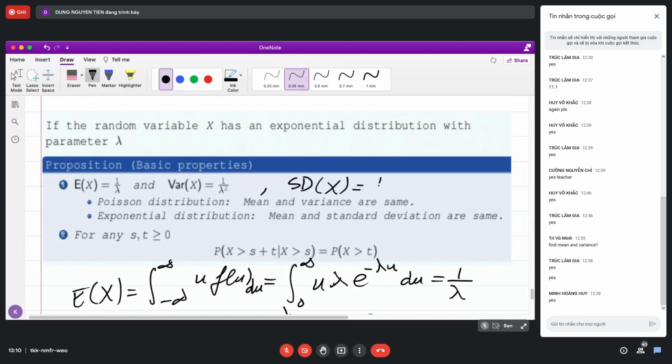It should be 1 over lambda. Okay, so you see that for a Poisson distribution, the mean and the variance are the same, right? In an exponential distribution, the mean and the standard deviation are the same. Do you understand? Okay. Is that all clear?